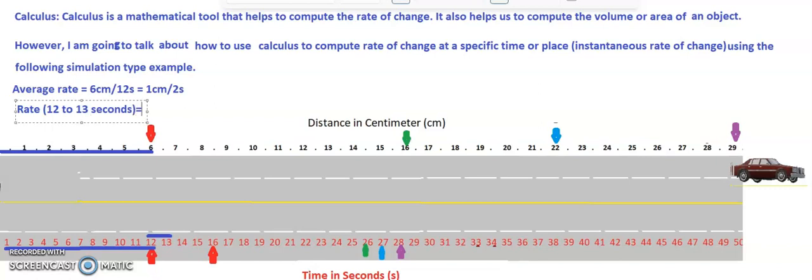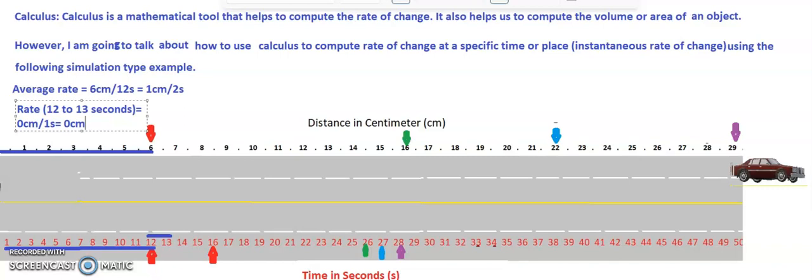We know that from 12 to 13 seconds, the car didn't move. It stopped at that time. So the distance was 0 centimeter for 1 second. So the car moves 0 centimeter between the 12 and the 13 seconds.